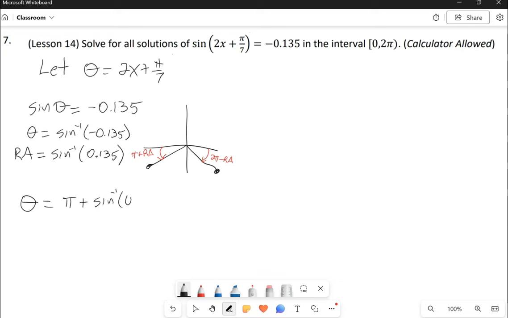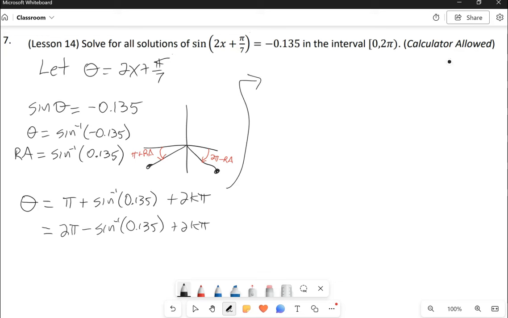And we also have the 2 pi minus reference angle, also plus 2k pi. And that'll get us all of these answers. Great. But that's for theta, and we actually have 2x plus pi sevenths instead of theta.